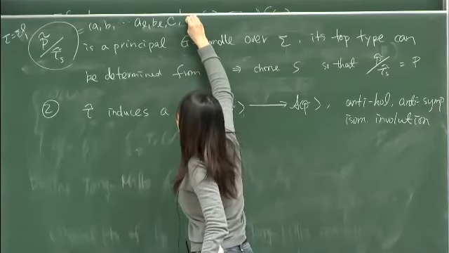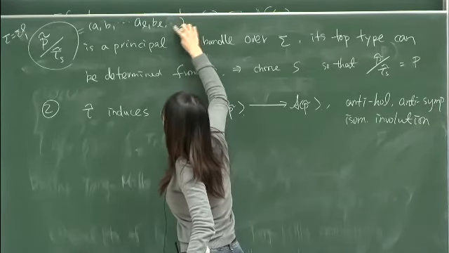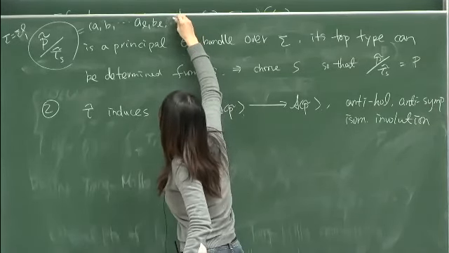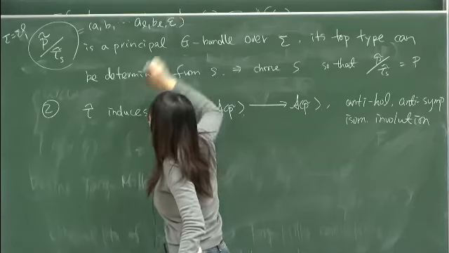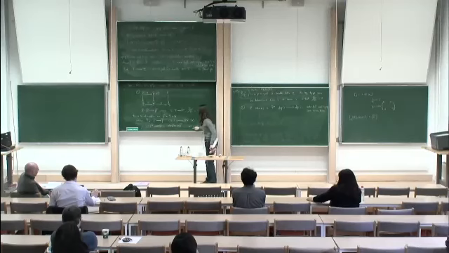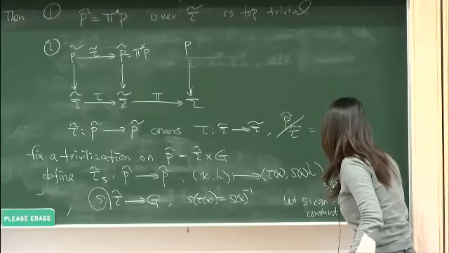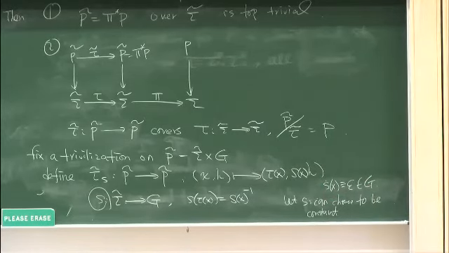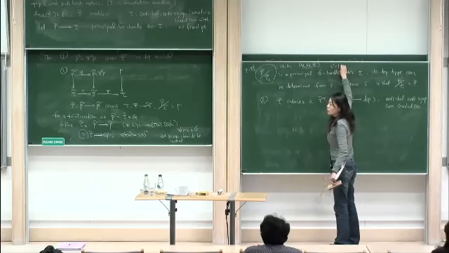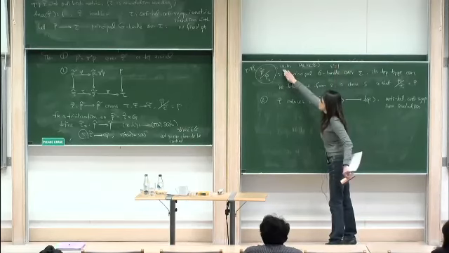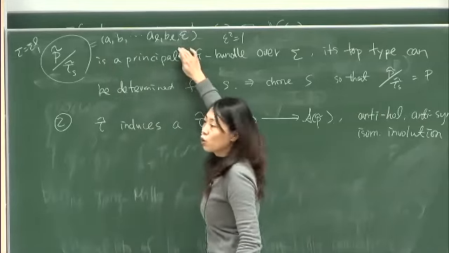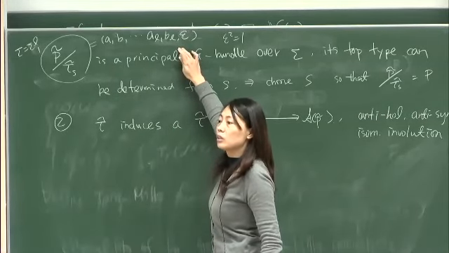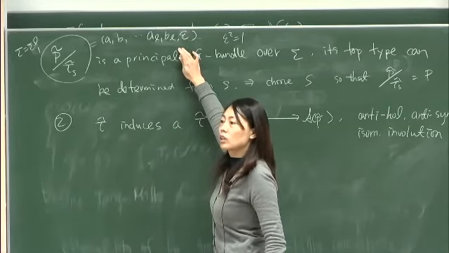And then here is something called epsilon. This epsilon is the constant value you choose here. So you just choose s(x) to be epsilon, and then this epsilon squared equals 1. And of course, if it is written in this form, you know the topological type by looking at the obstruction.